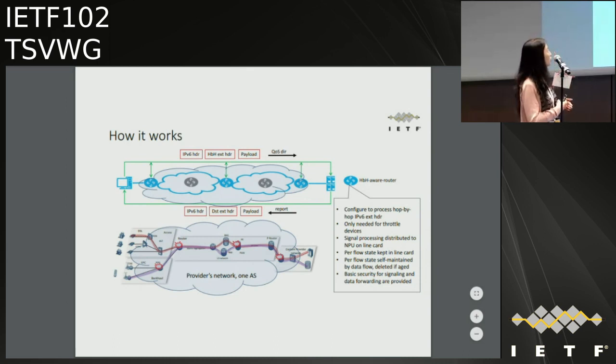So when we get the extension headers, we make the bandwidth reservation, and the queuing reservation is processed by the NPU, not the CPU, because it's in-band signaling. We want it to be distributedly processed. And that's how we achieve better scalability.